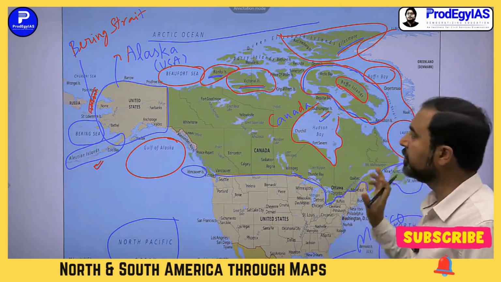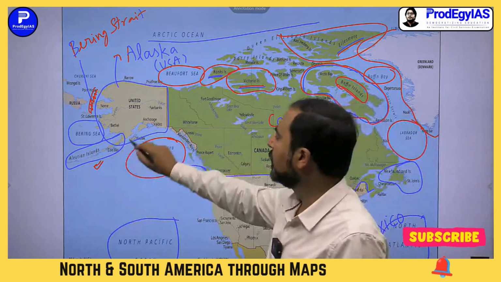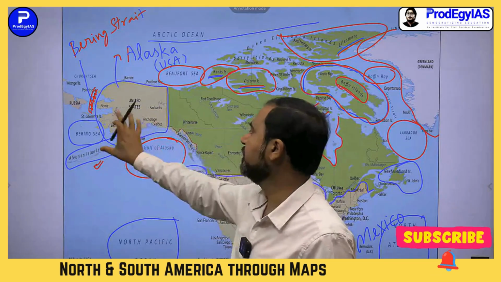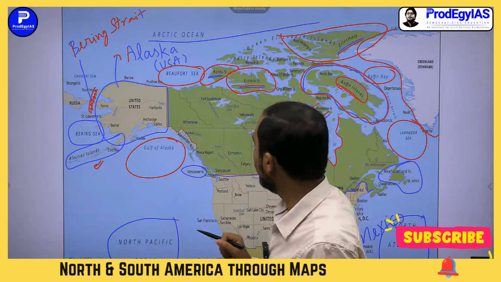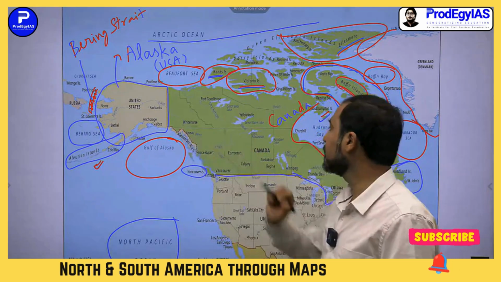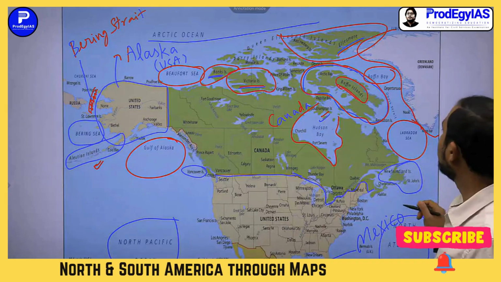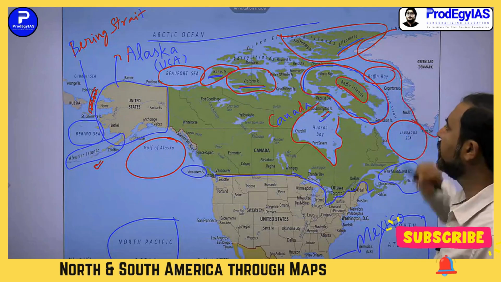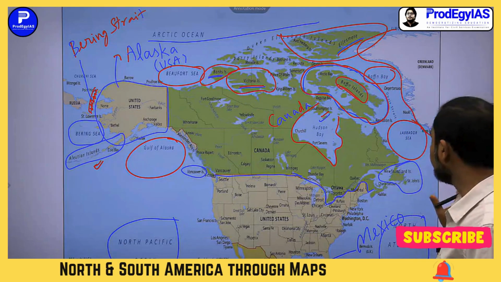North America, right? So Bering Sea. Then these islands, Aleutian Islands, they are part of Alaska. Then important gulfs, this Gulf of Alaska. This is Hudson Bay, and this is Baffin Bay. They are important bays or gulfs.